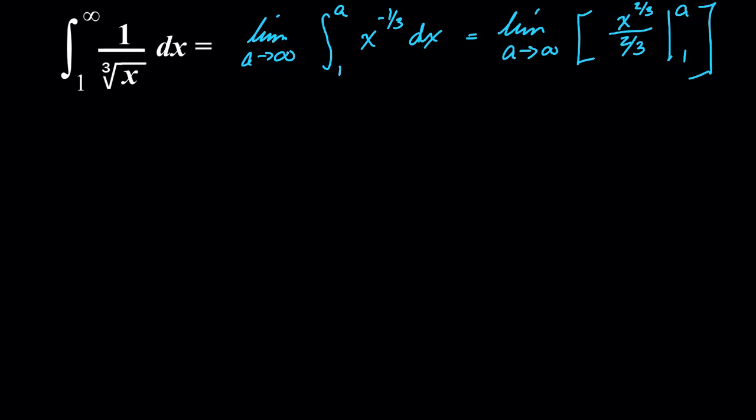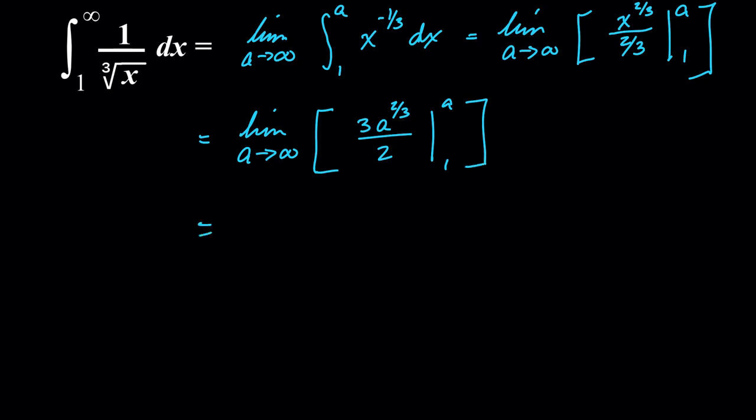Okay, so this becomes the limit as a approaches infinity. Just going to simplify this a little bit. This will be 3x to the 2/3 power over 2, evaluated between 1 and a.